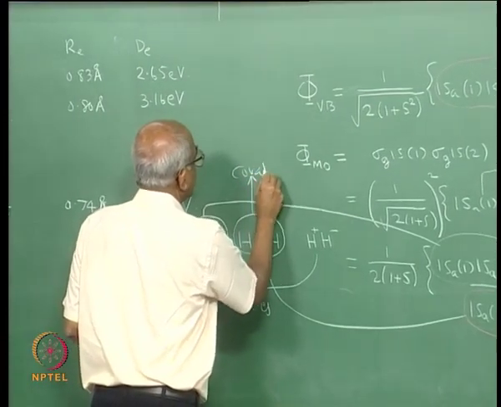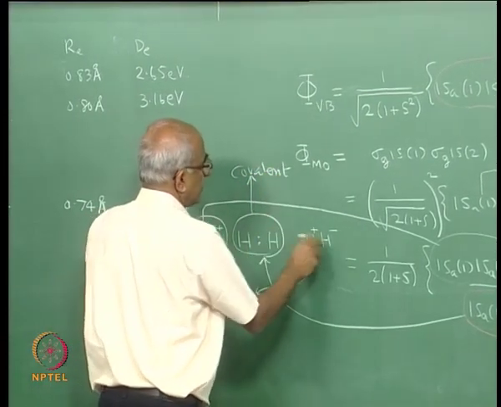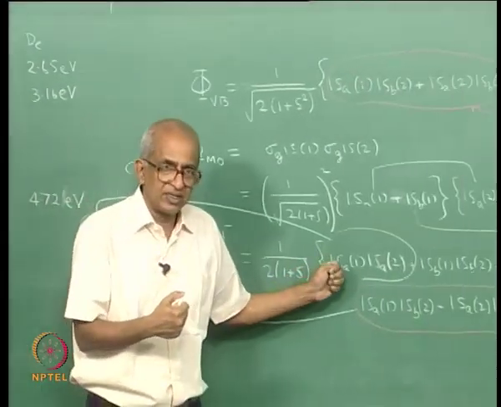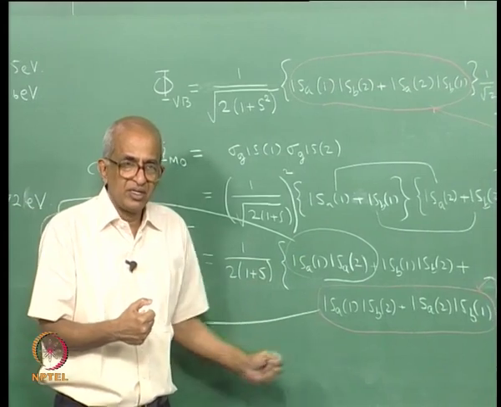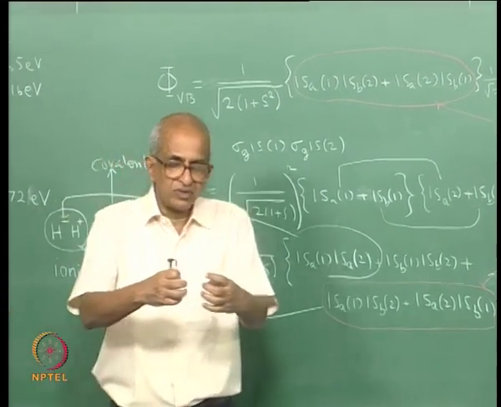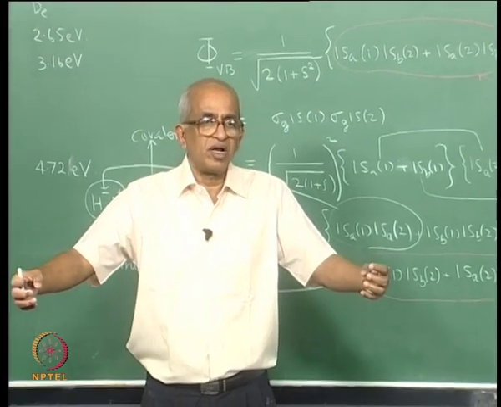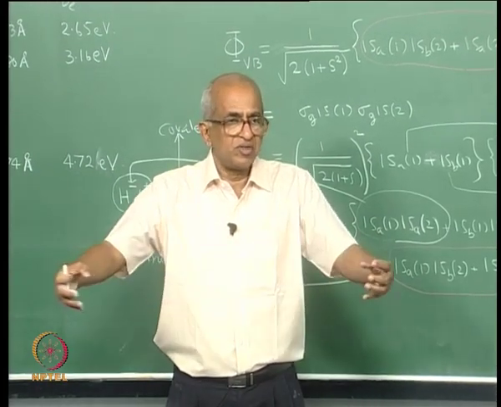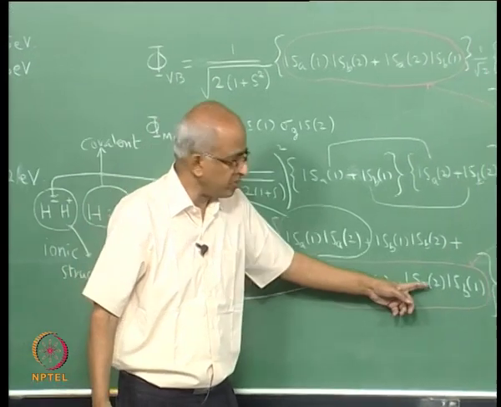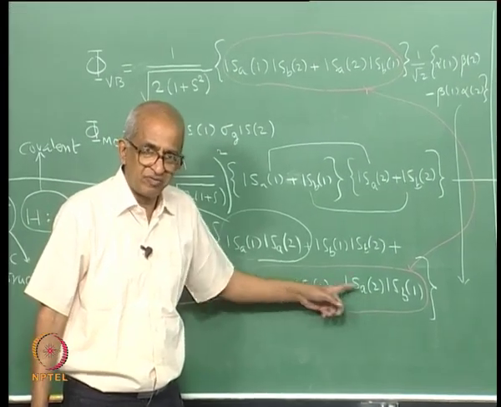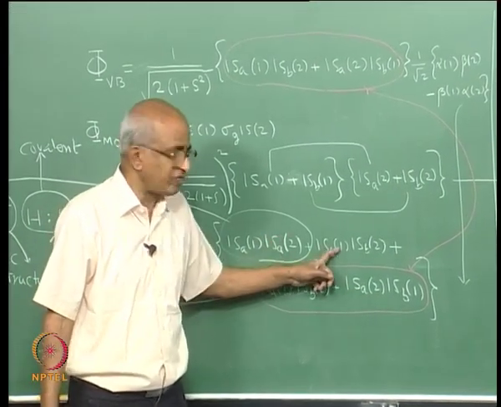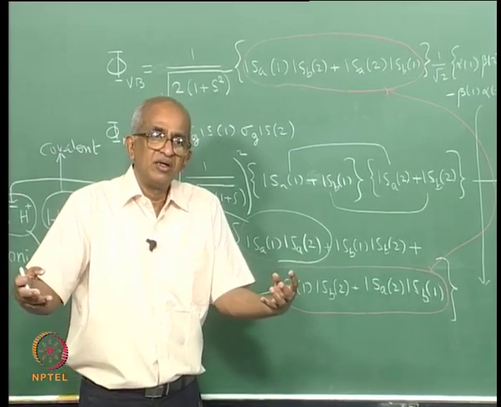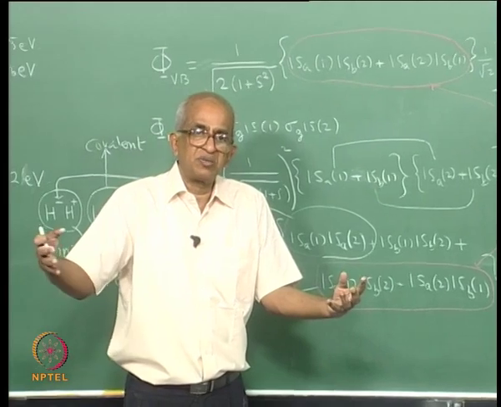So, the covalent structure and the ionic structures have the same amount of importance in this description. So, therefore, if you think of dissociating the molecule, what will happen? The molecule may dissociate to give you 2 hydrogen atoms. That is what will happen if you had only this part of the function, but this part of the function implies that the system may also dissociate into the ionic structures which are H plus and H minus.